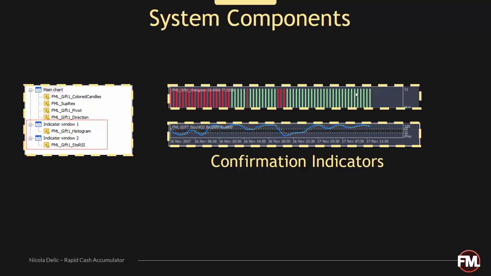Till now you can use stochastic RSI, but histogram indicator was specially designed for this system to help me confirm that place, but we are going to talk about that in a second. So don't try to use them with other systems, it's just not going to work.